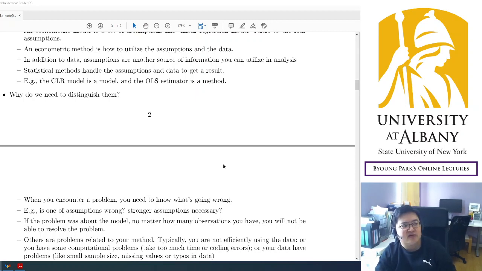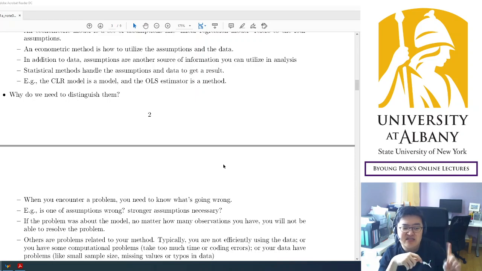The first step, where many students are confused, is that you have to diagnose where the problem is coming from. There are two types of problems. First, your problem may be coming from the model, which means your assumptions may be wrong or you don't have enough assumptions.